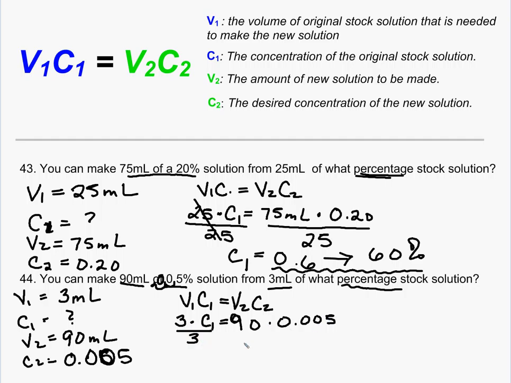I need to get rid of the 3 on that side, do the same on that side, and that gives me C1 is equal to 90 times 0.005 divided by 3, which gives me a decimal of 0.15, which becomes 15% concentration for the stock solution.